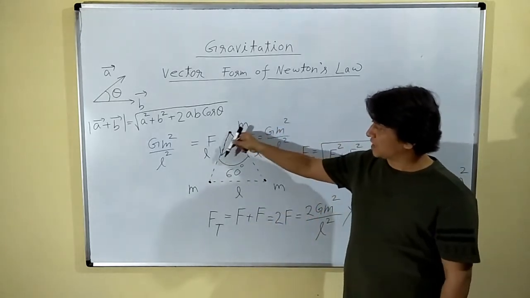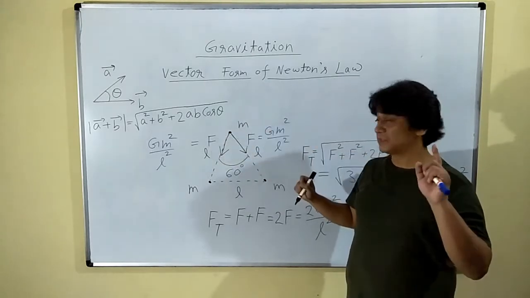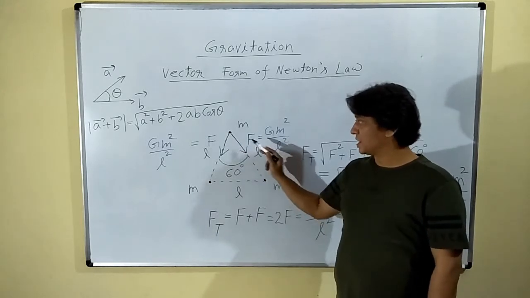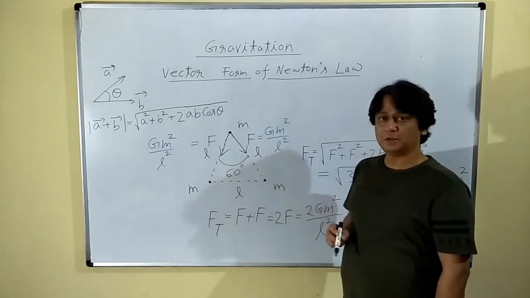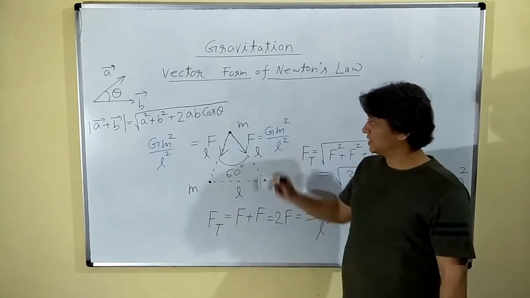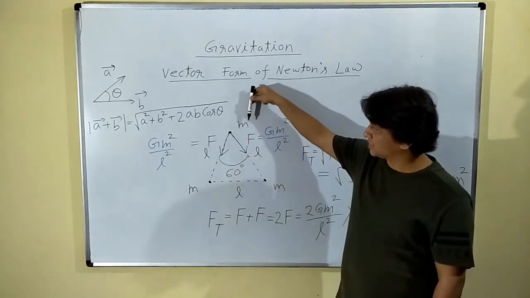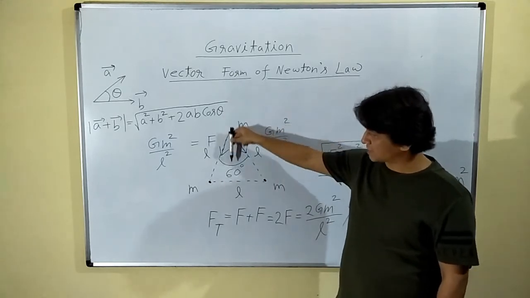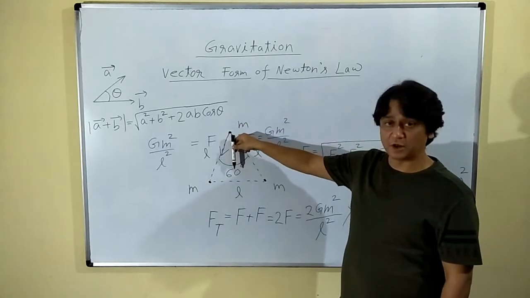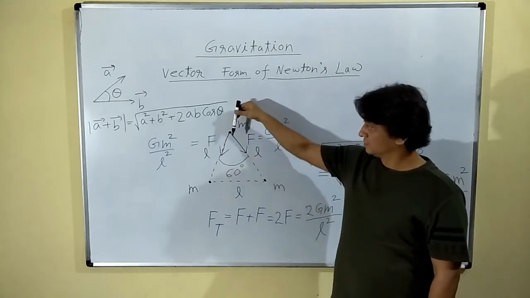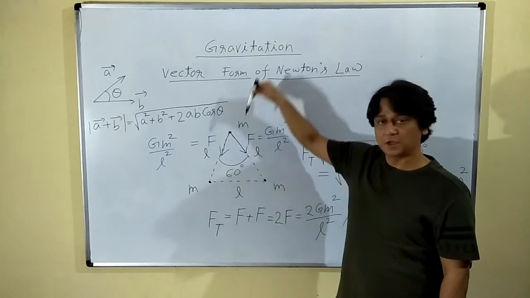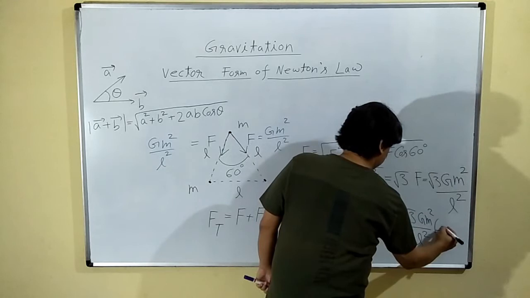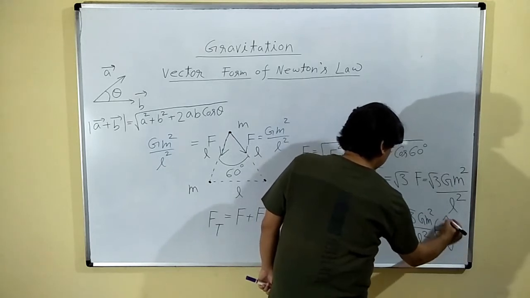Since these two are identical, same magnitude forces, F and F, if they are having same magnitude, then I hope you can visualize under these two forces, this M will experience a total force in this direction, exactly in the middle of these two forces. Exactly in the middle. Now what is this? What is this? This is minus of j cap.